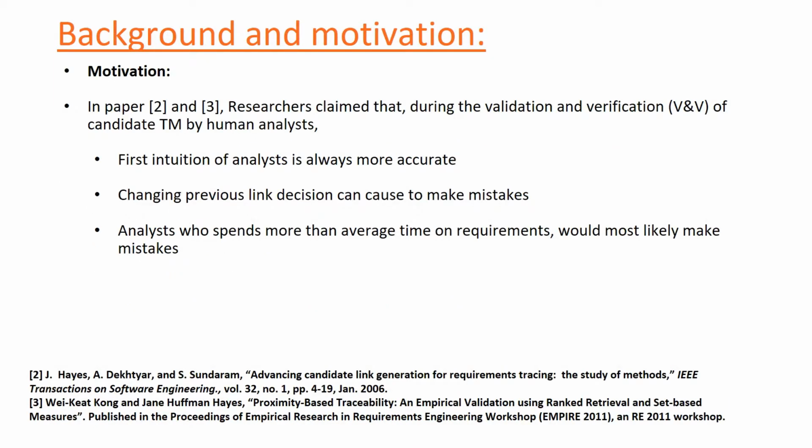Papers 2 and 3, listed here as advancing candidate link generation for requirements tracing, and the paper by Kong and Jane Hayes, basically claim two things. First, the analyst's first intuition is always more accurate than if the user goes back and changes the link decision, and then they will most likely make mistakes.